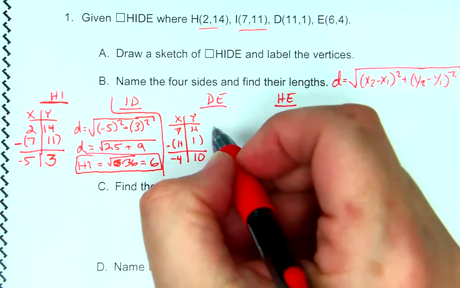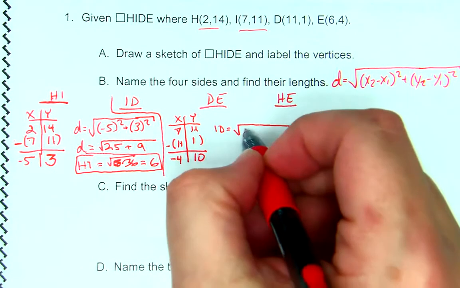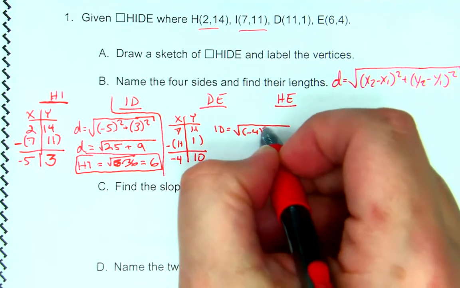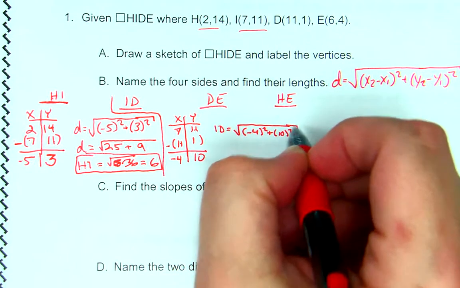So ID is equal to the square root of negative 4 squared plus 10 squared.